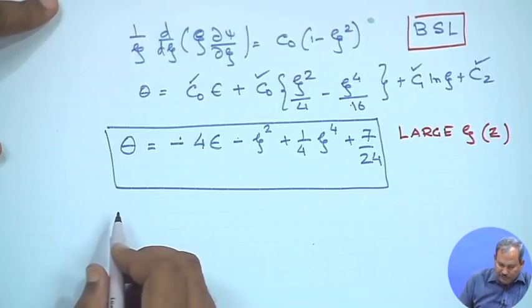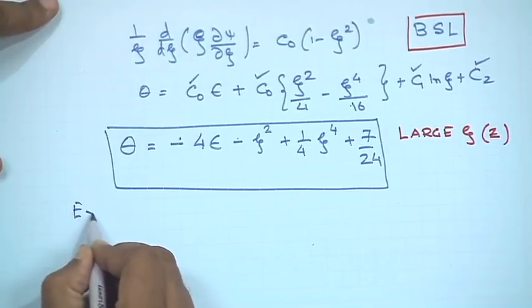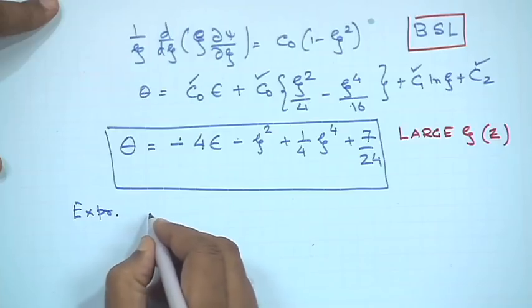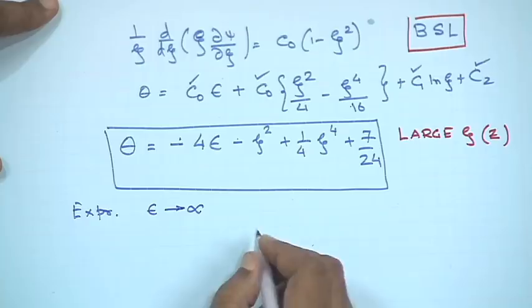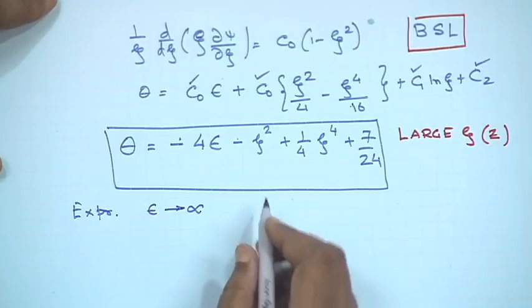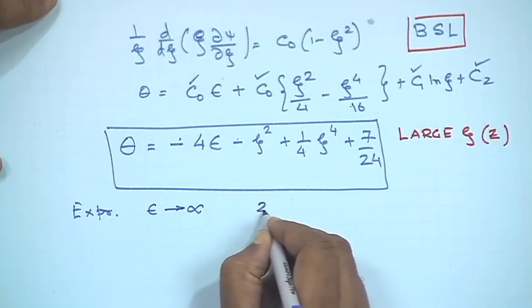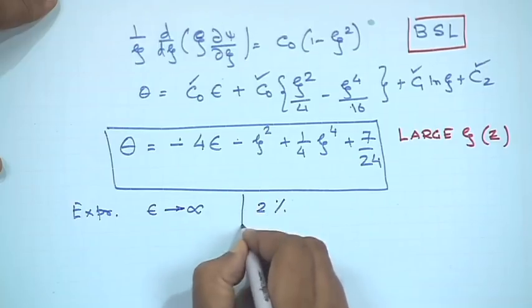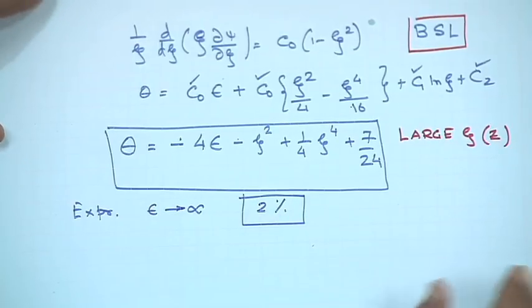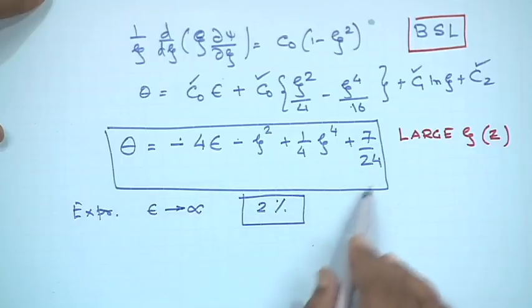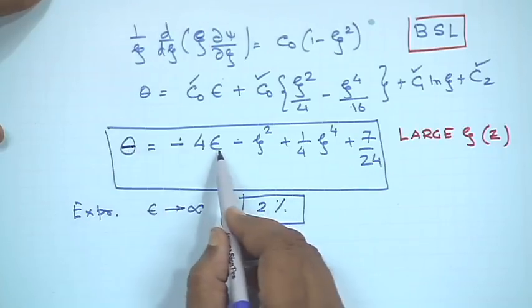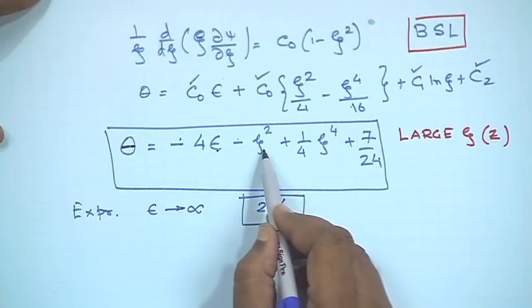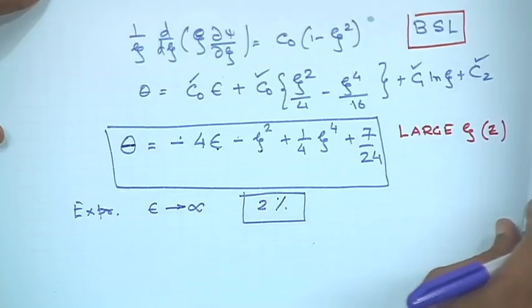And this expression that you would get is surprisingly accurate when epsilon tends to infinity, and the deviation is generally only about 2% for most of the cases that we handle. So, the equation essentially gives me an expression for the dimensionless temperature as a function of the r location and as a function of the z location.